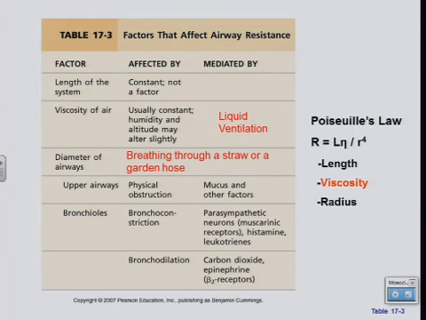Say if we breathe through a snorkel, okay, breathing through a snorkel increases the length of our airway, increases resistance, but what does it also do to alveolar ventilation? It decreases alveolar ventilation because we increase the dead space.